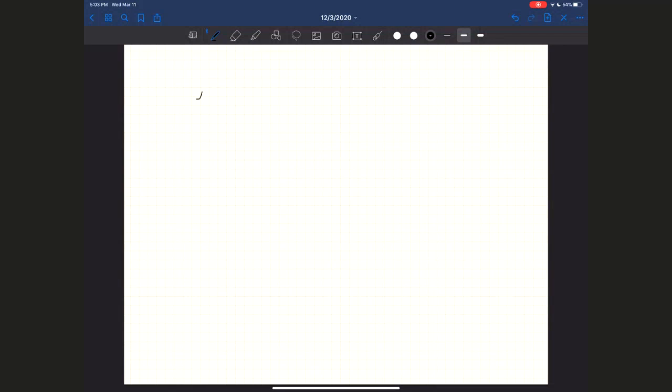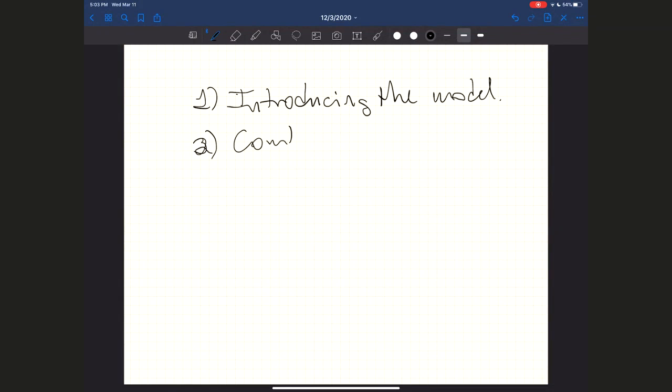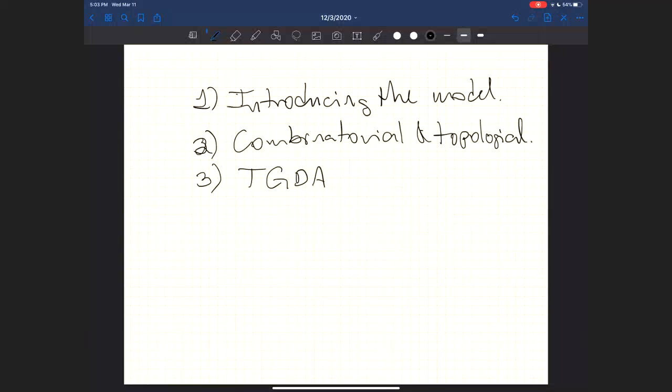I want to start immediately by introducing the model, and then after that, number 2, I'm going to address some combinatorial and topological properties of the objects that we're going to be working with, and then we're going to jump to the topological and geometric data analysis of these objects.